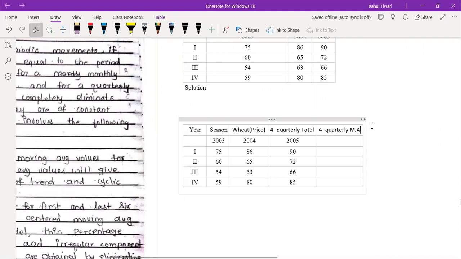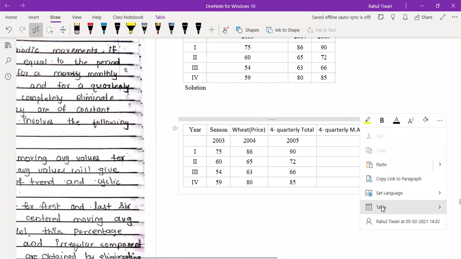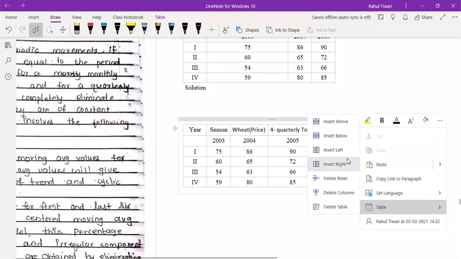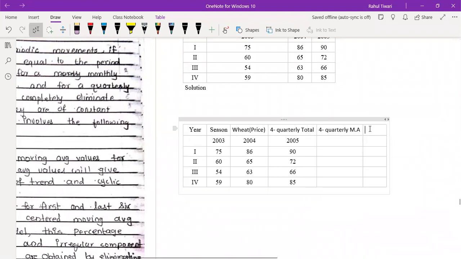Once you have a total, you can find this one, and then you have a ratio to moving average. So these many columns you need to create. How to create that, I will tell you.